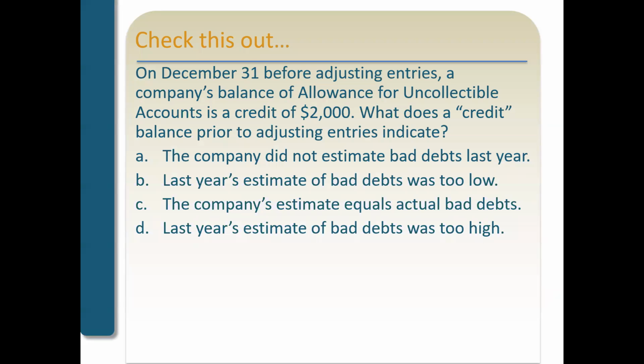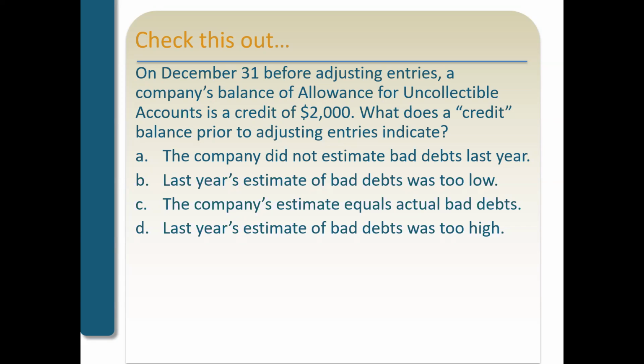Hey guys, look at this one. On December 31st, before adjusting entries, a company's balance of allowance for uncollectible accounts is a credit of $2,000. What does a credit balance prior to adjusting entries indicate?